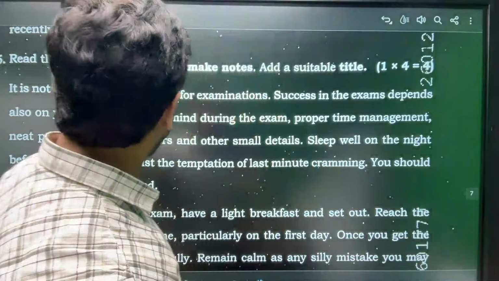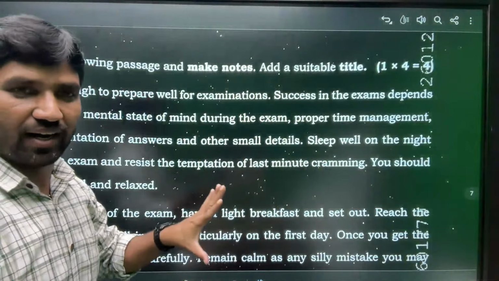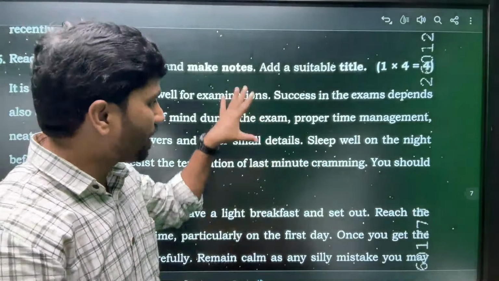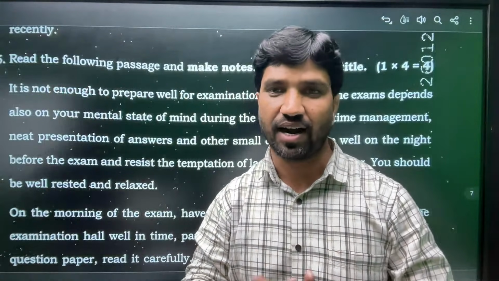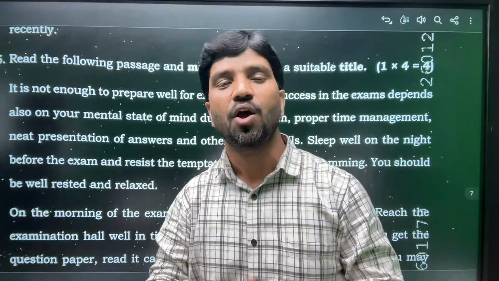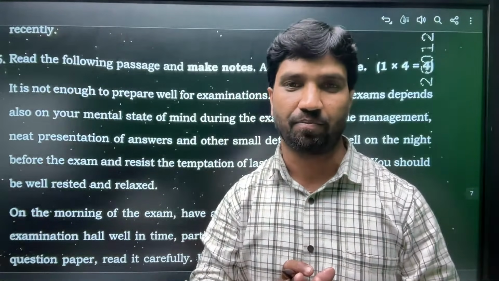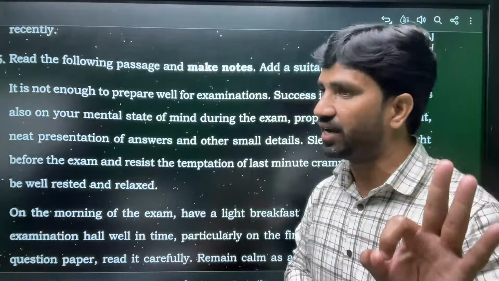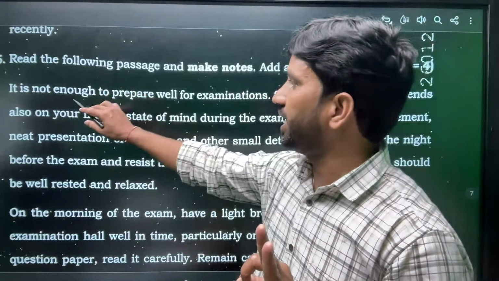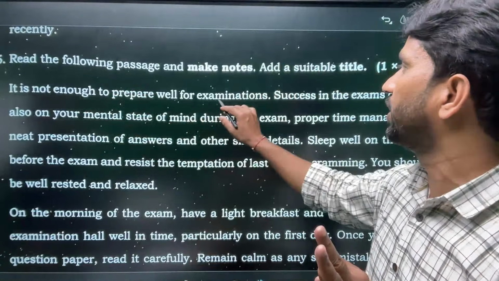See, they'll provide the passage without any title. After reading and understanding the passage, put a suitable title for that. It's very important to give a title. Read it once: "It's not enough to prepare well for examinations."